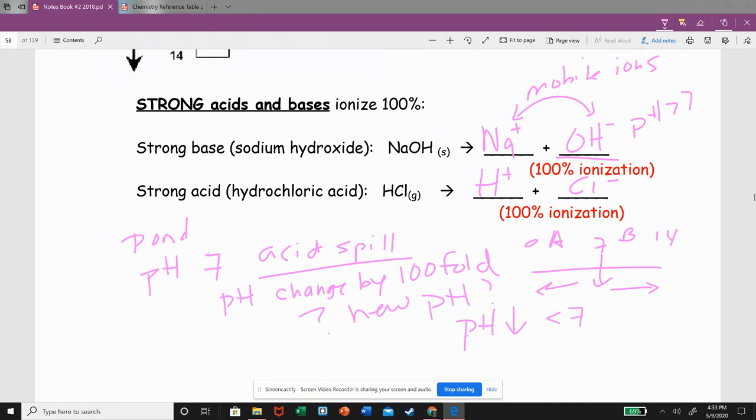I want a number. It's 100-fold more acidic. Well, how many factors of 10 is 100? 2 factors of 10. So 2 factors of 10 means the pH will change by 2, and it's going to go down by 2.